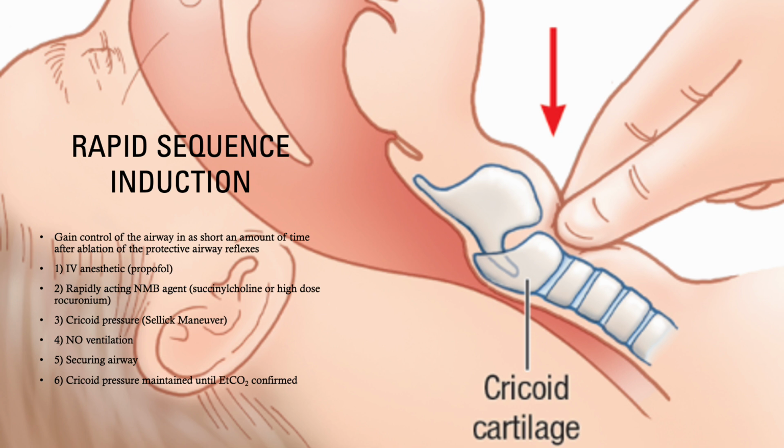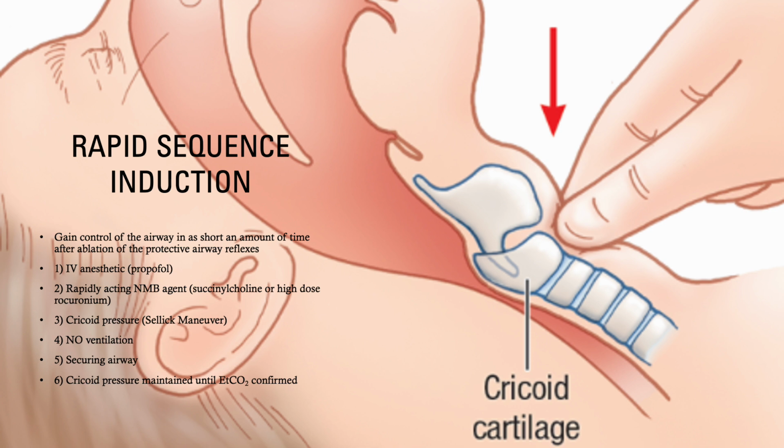So after administering cricoid pressure, which we have in the picture here, an IV anesthetic is given to induce sleep. A rapidly acting neuromuscular blocking agent, which is either Sux or high-dose rocuronium, is given immediately following. We're already holding cricoid pressure here for number 3, the Sellick maneuver, which is pressure downward on the cricoid cartilage.